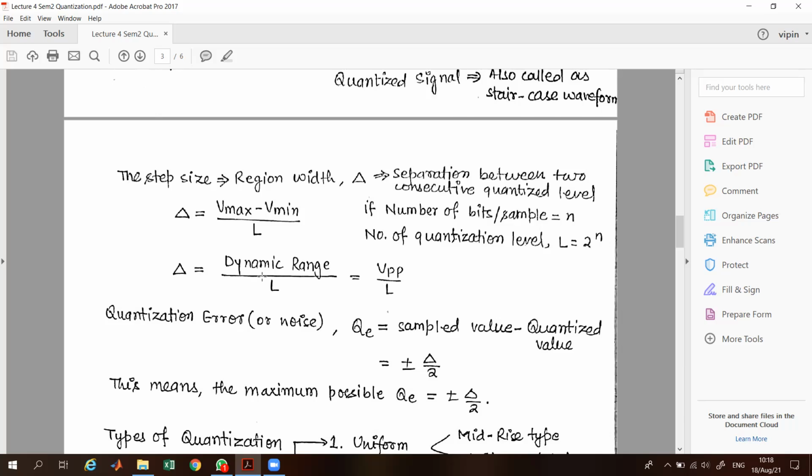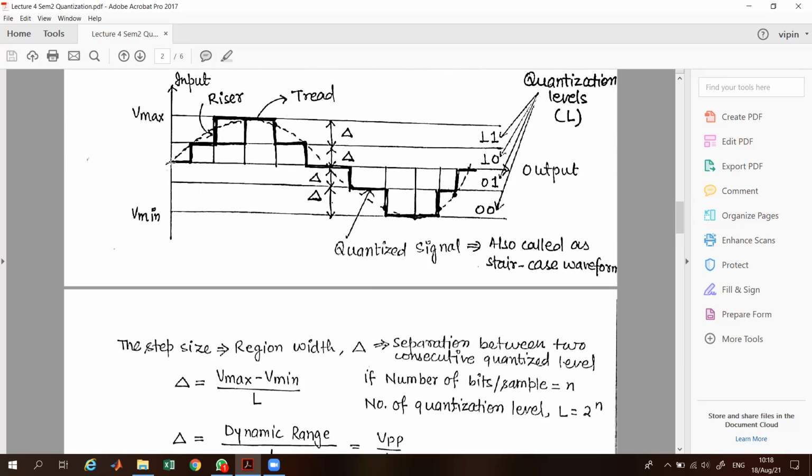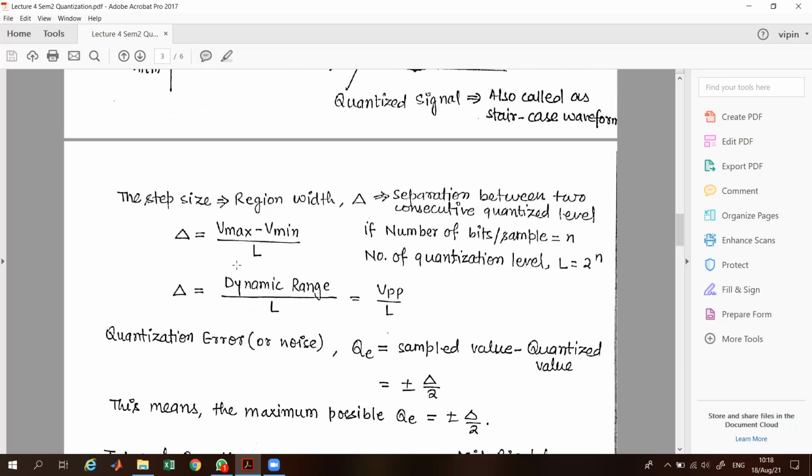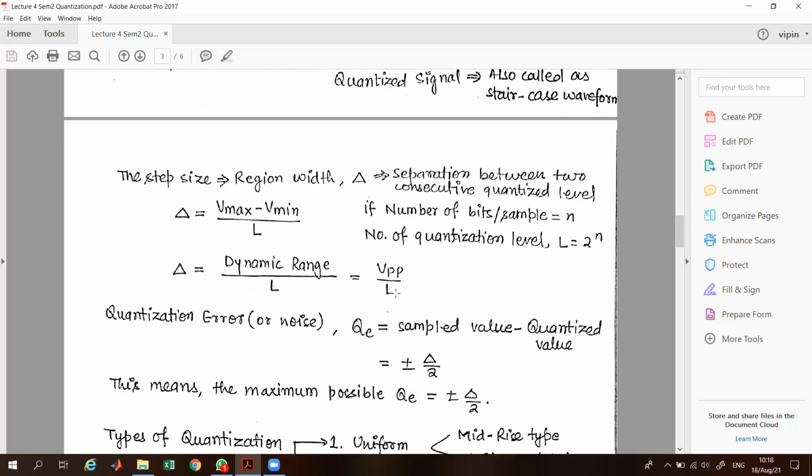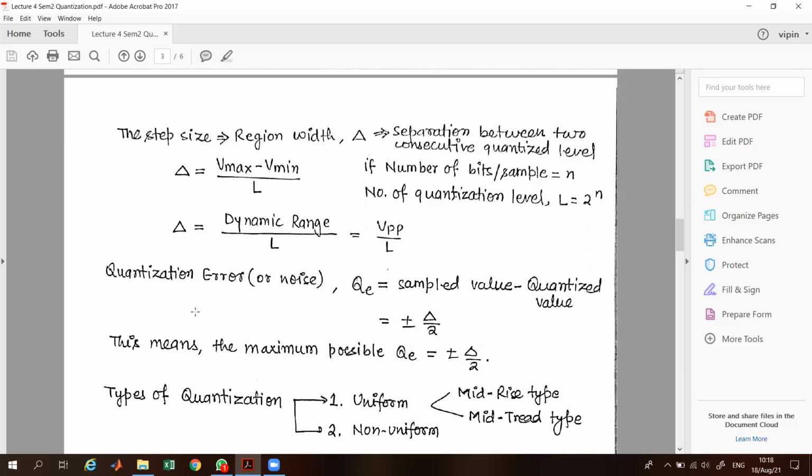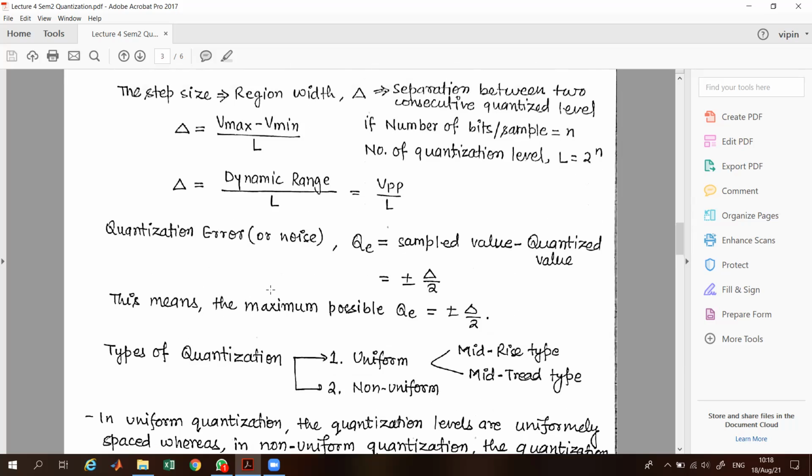In terms of dynamics, suppose this is an amplitude with defined potential levels. But if it's not defined, then we can use the dynamic range, or the voltage peak to peak value, divided by L. Now, if we need to find the value of your quantization power, the first thing we need to define is your quantization error.